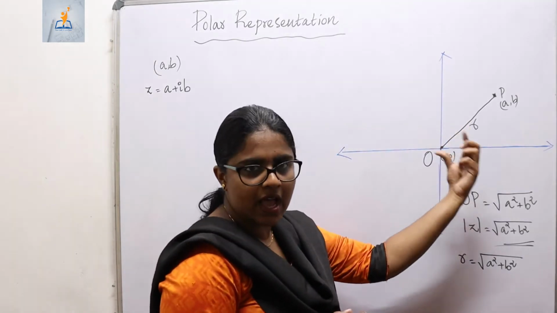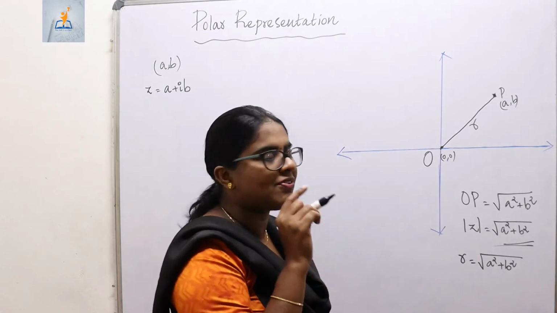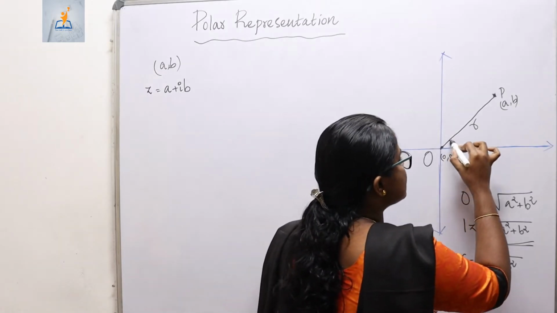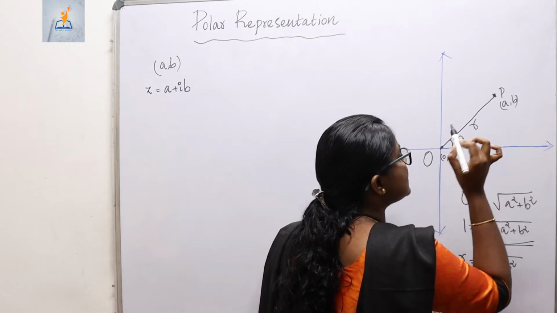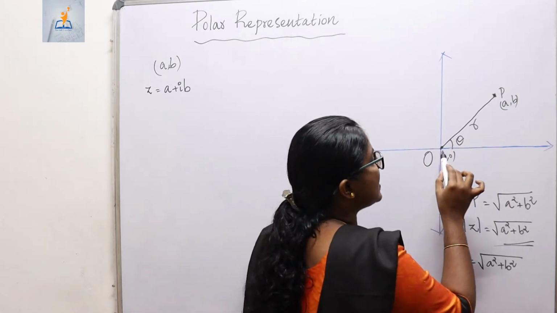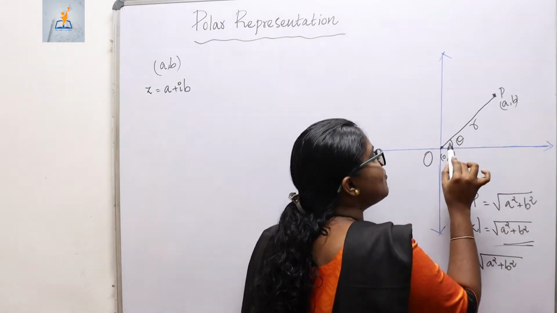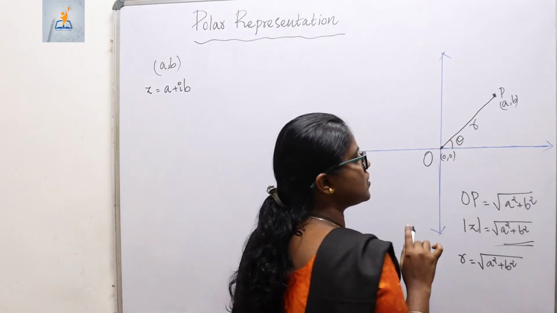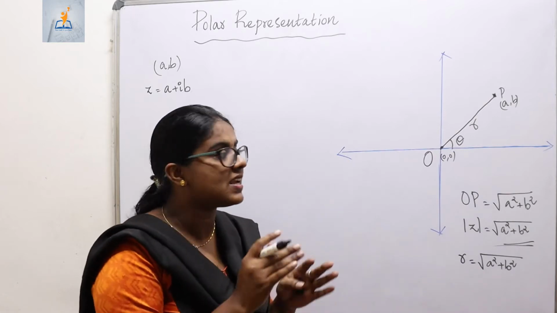So this is r, and now I am going to define one more component, that is theta. And theta is defined as the angle made by the line OP with the positive direction of x-axis. What is theta?